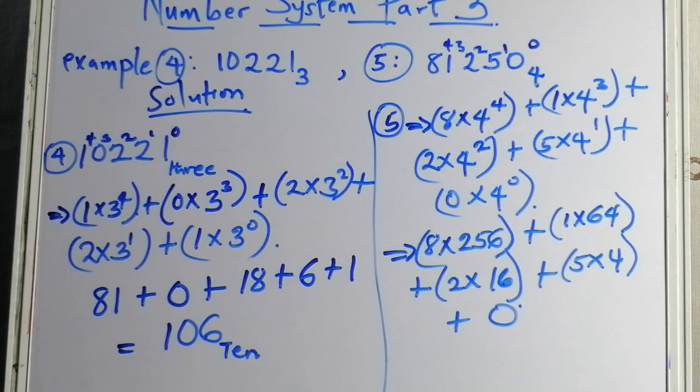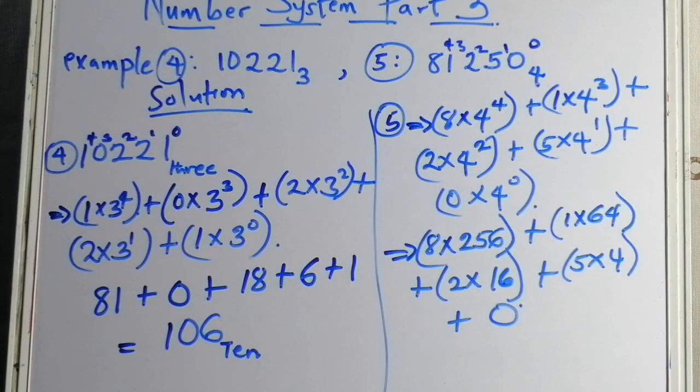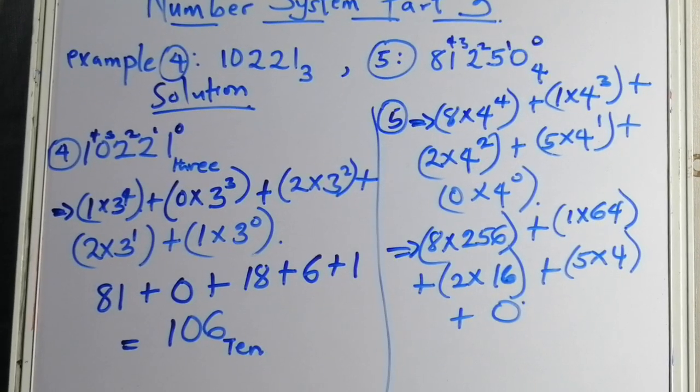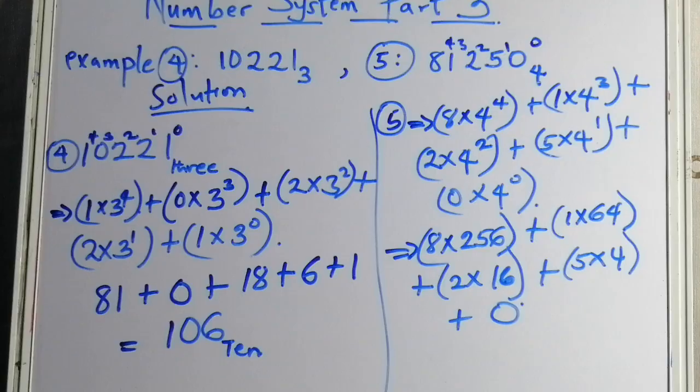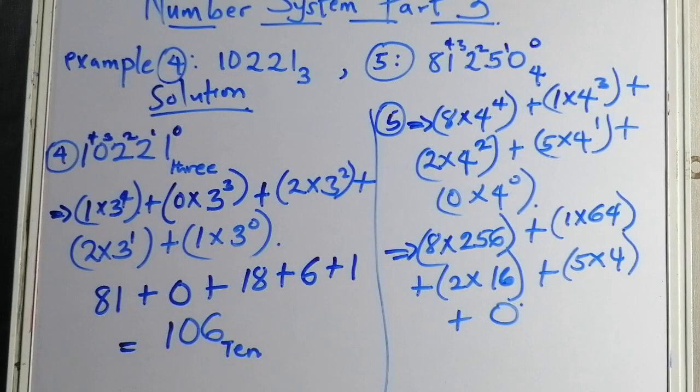So 8 times 6 is 48. Carry 4. 8 times 5 is 40, plus 4, that's 44. Carry 4. 8 times 2, 16, plus 4, that's 20. So this one is what?